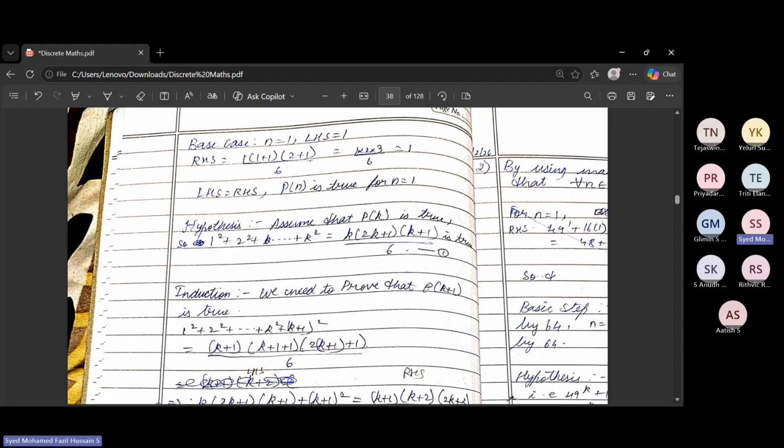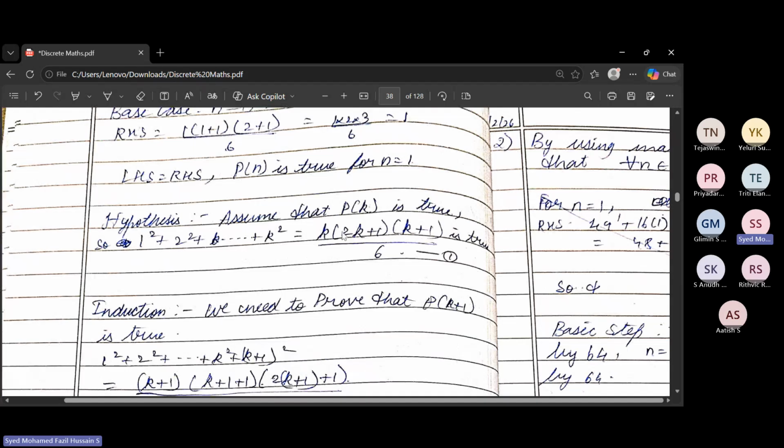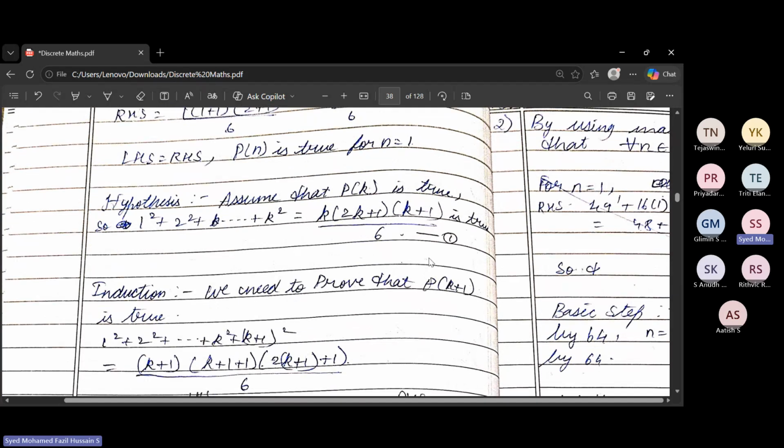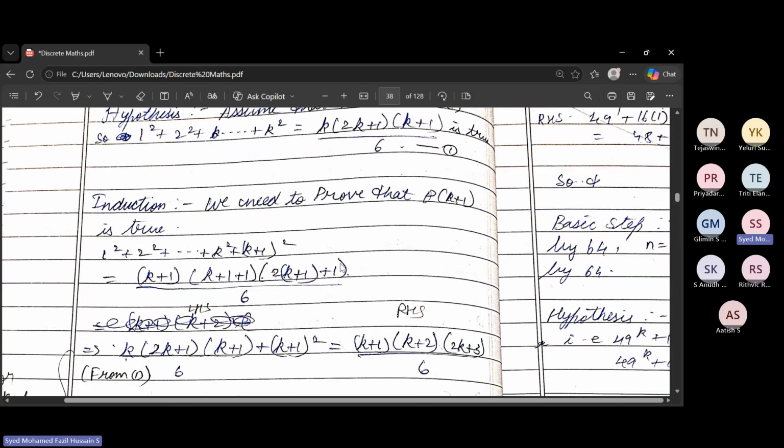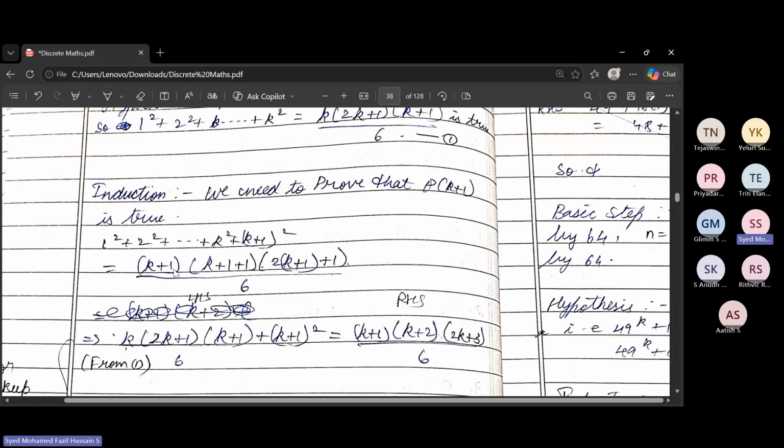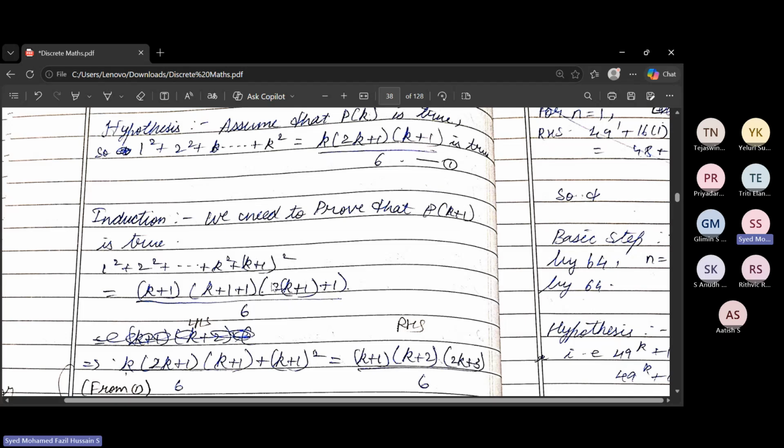And we have to assume that P of k is true. For that we substitute k instead of n. As you can see, the statement changes to k into k plus 1 into 2k plus 1 divided by 6. So this is the first step. Then we have to take the induction of it. The induction of it is k plus 1 into k plus 1 plus 1 into 2 times k plus 1 plus 1.